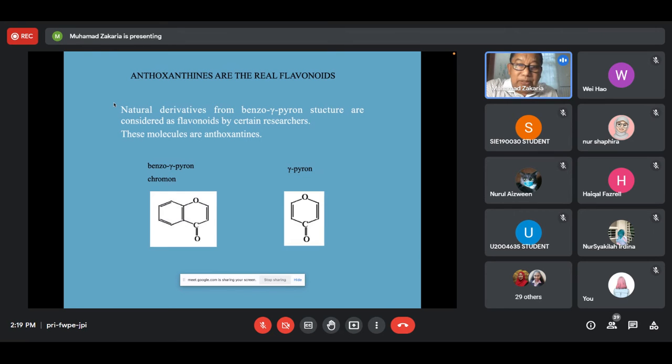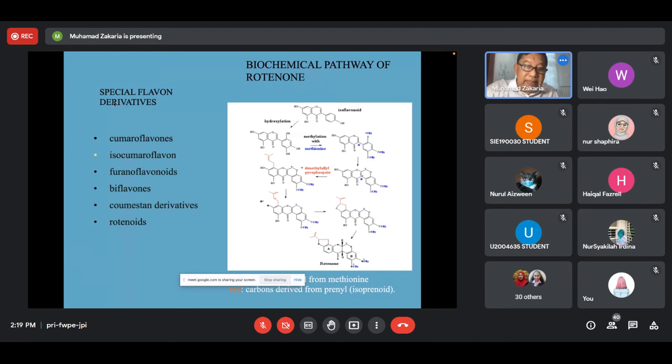Natural derivatives from the benzo gamma pyrone structure are considered as flavonoid by certain researchers. These molecules are classified as another group. So special flavones like coumarone, also coumaroflavone, and biflavone, coumestan derivatives, and rotenoids.